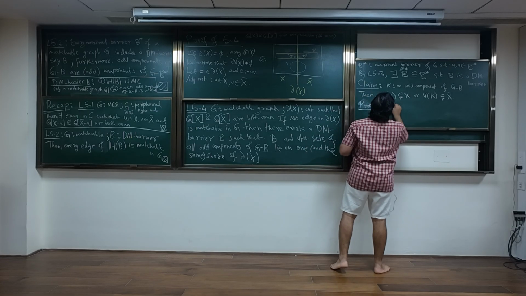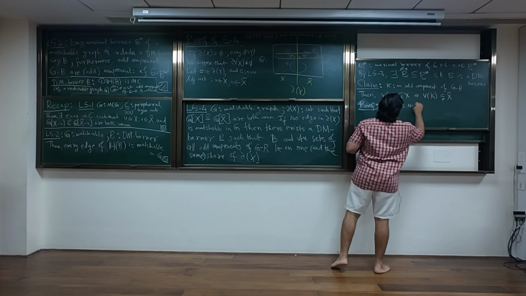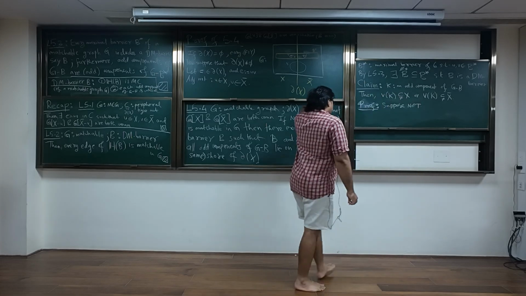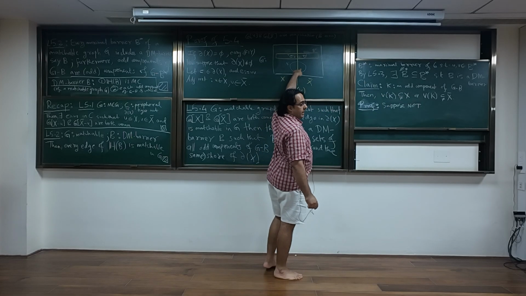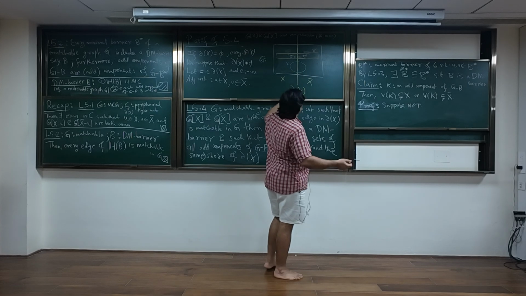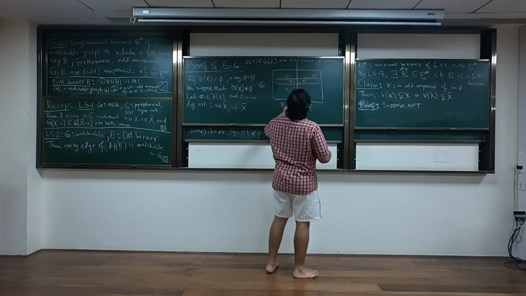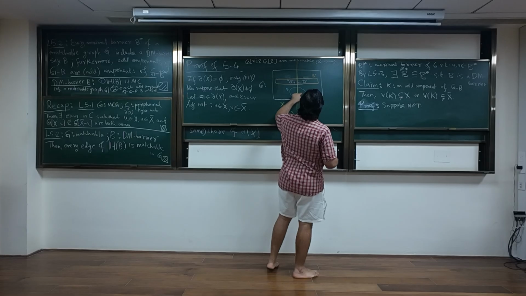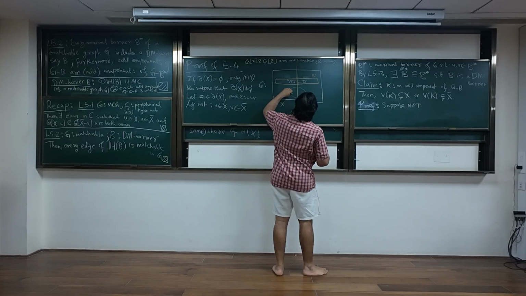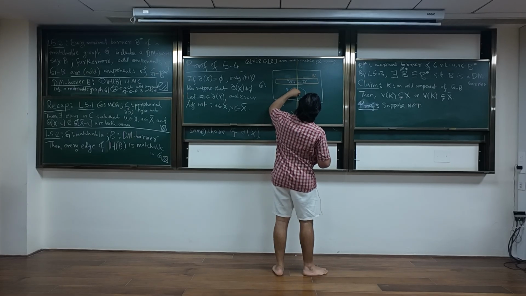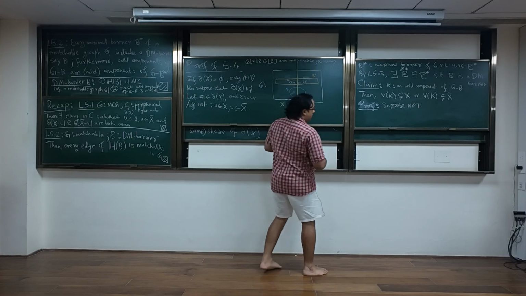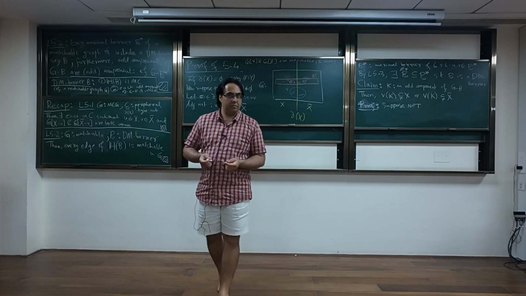suppose not. So K has some vertices here and some here, and I will adjust notation like I did last time. So I will assume this is an odd number of vertices, this is an even number of vertices. So let's suppose here we have an odd number and here we have an even number because the total number of vertices in K is odd. Yeah.